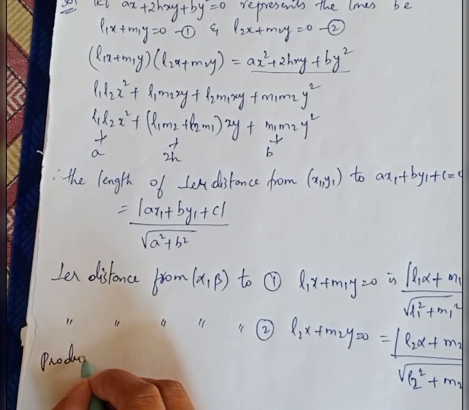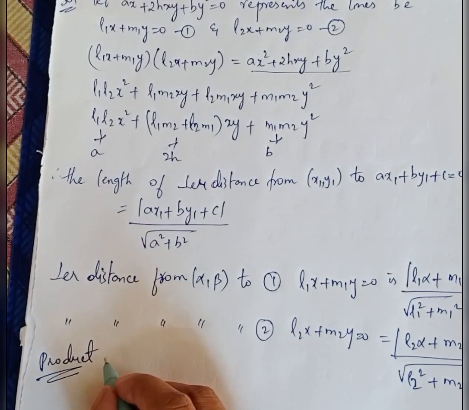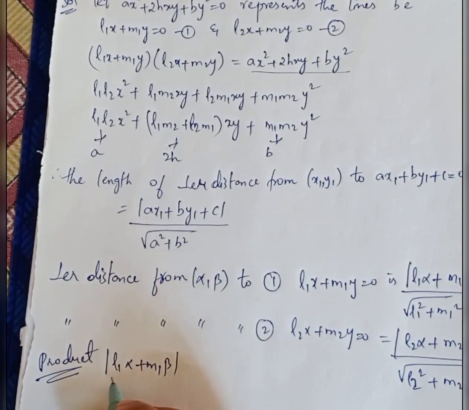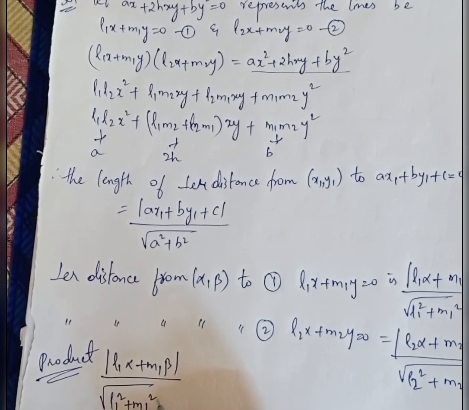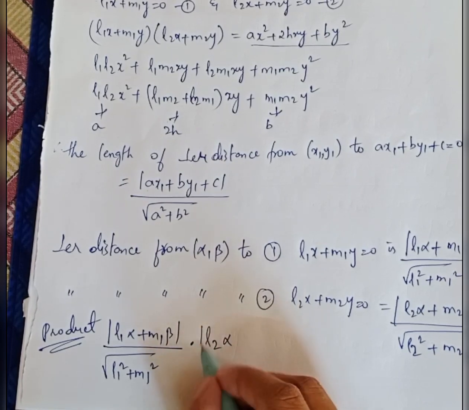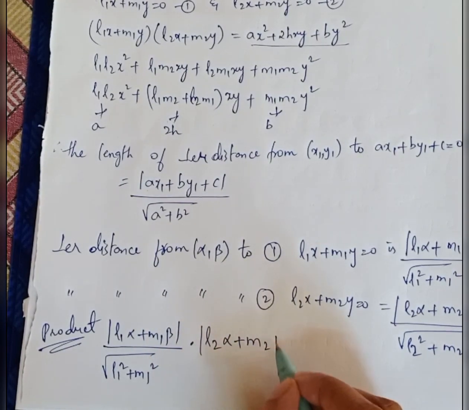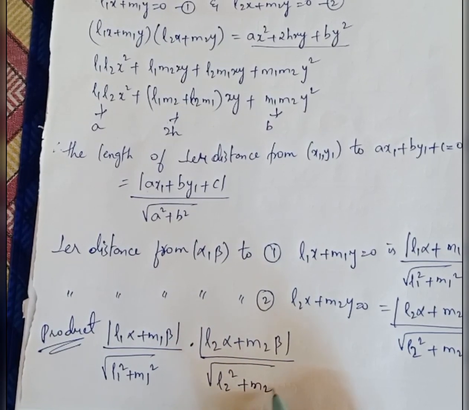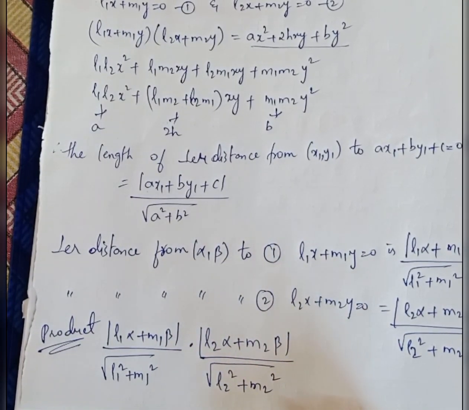It is |L1 alpha + M1 beta| by root of L1² + M1², into the second line's perpendicular distance, |L2 alpha + M2 beta| by root of L2² + M2². So now we need to multiply the numerators and also the denominators.